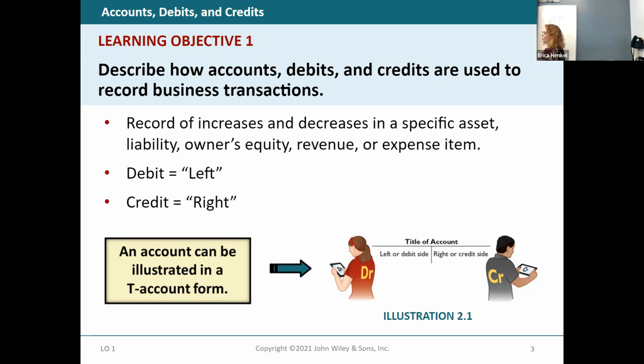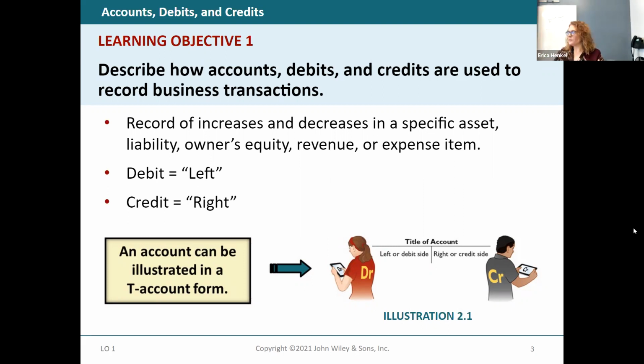What does it mean if you've got a credit balance in your cash account at the end? Means you've probably overdrawn your checking account, or you forgot to record some deposits. Like maybe you brought something to the bank and you didn't record it in your accounting system. We hope that's the case and you don't have a negative cash balance, right? That'd be a bummer, but it is possible.